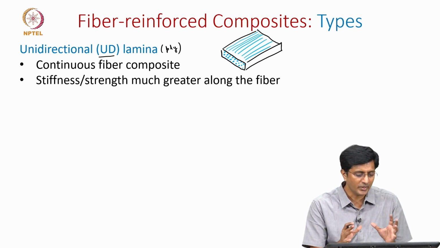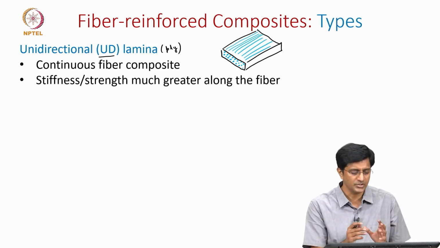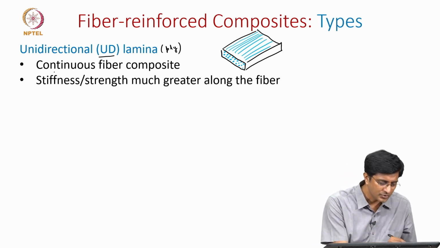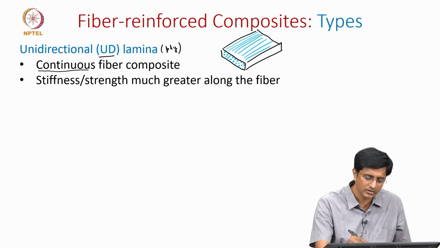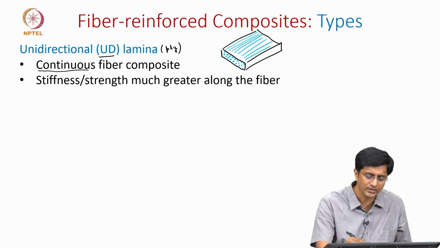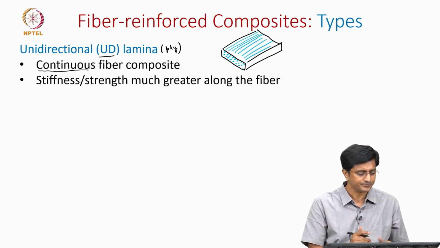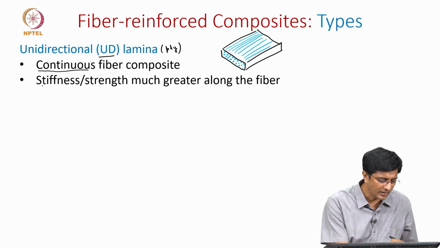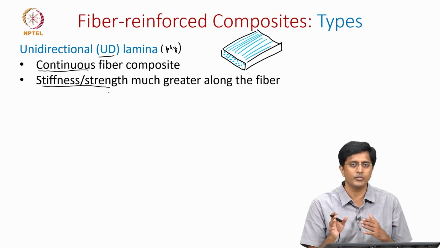Just to remind you, we are focusing on fibrous composites where we use fibers to prepare the composites, and specifically we are looking at continuous fibers, meaning the same fiber will go from one end to the other. These are very long fibers, and the advantage of this is they definitely have good stiffness and strength, much greater along the fiber direction.